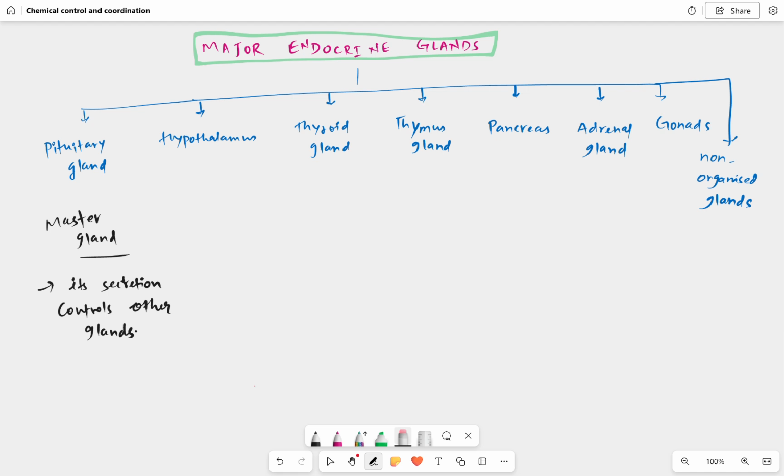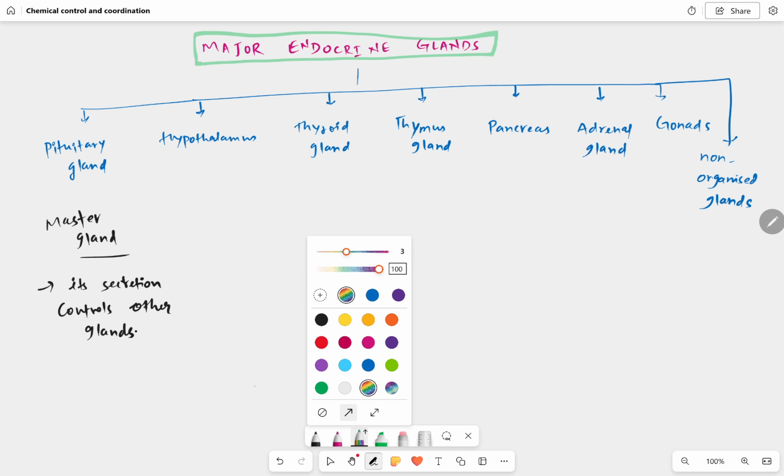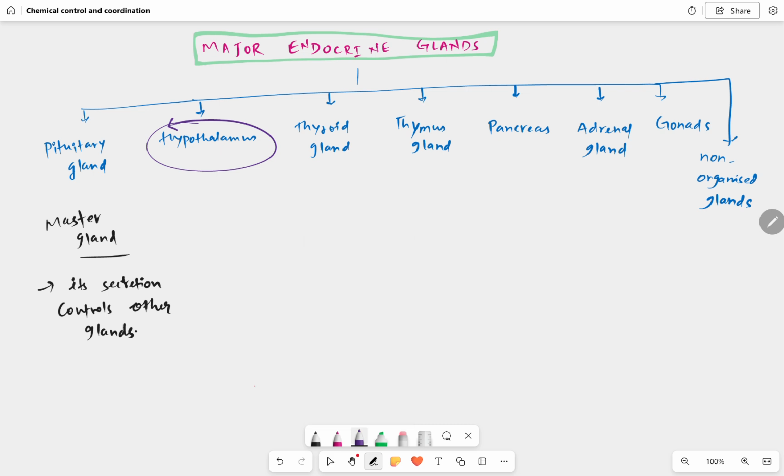But as the endocrinology study proceeded, it was seen that although the pituitary has the role in the command of the other glands, it is the hypothalamus which is controlling this pituitary.